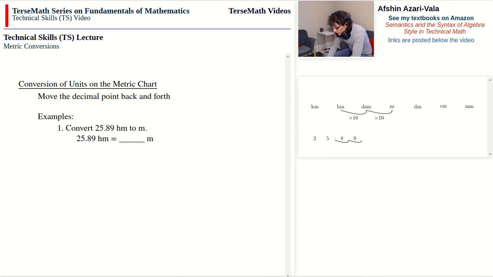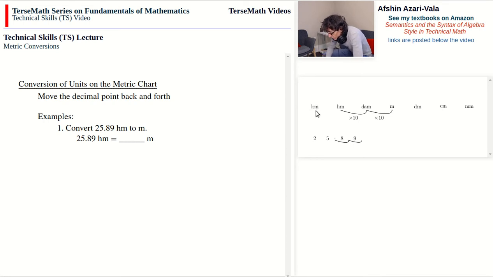Now this is all fine. It's much better than having to convert units with, let's say, the imperial system, where 1 foot is equal to 12 inches, and you have to multiply the numerical value by 12, or worse, you may have to divide by 12. Either way, it's not as simple as SI, where we just move the decimal point back and forth. And this is, by the way, the reason that 1 kilometer is equal to 10 hectometers.